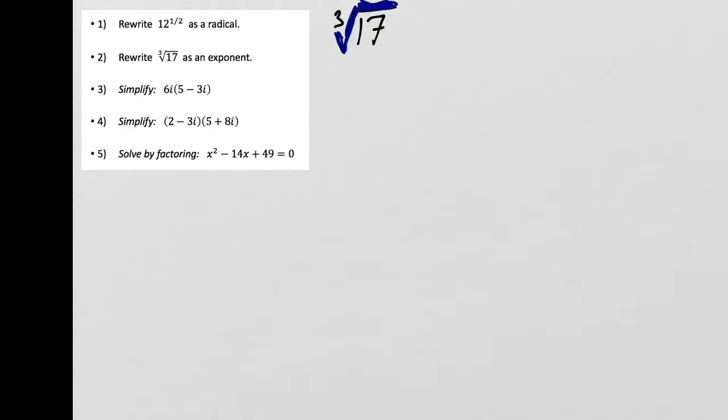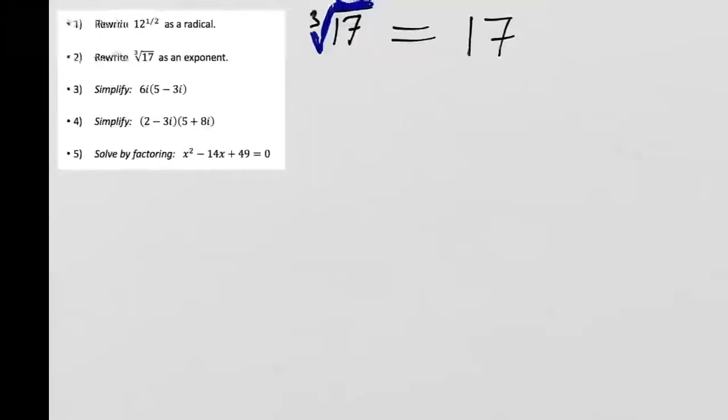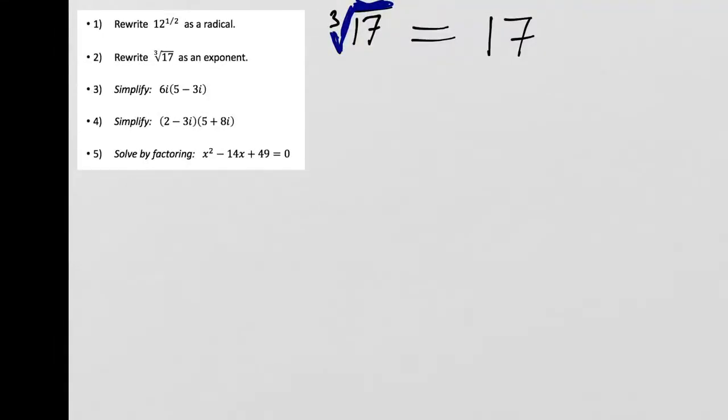In this case, we're not going to be able to reduce anything because 17 is a prime number. So we're going to take the 17 and raise it to a fractional power.